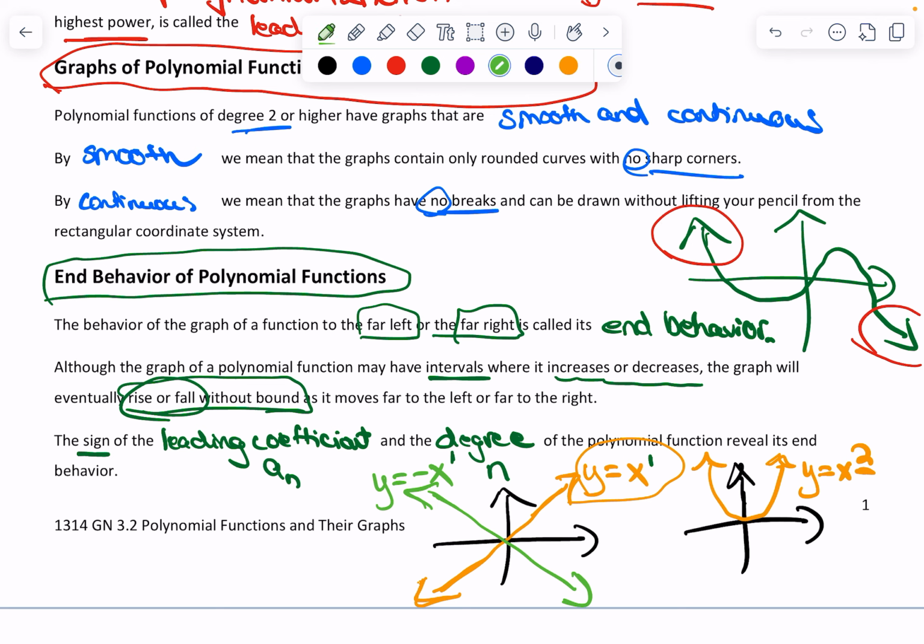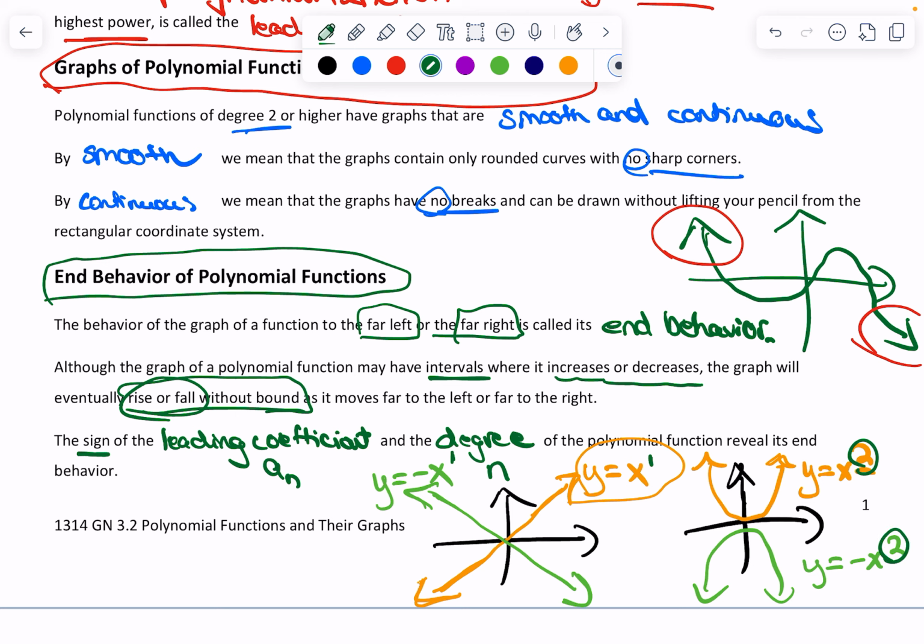If we do a downward one, so y equals a negative x squared, we talked about it in 3.1, we can see that both ends are falling downward.